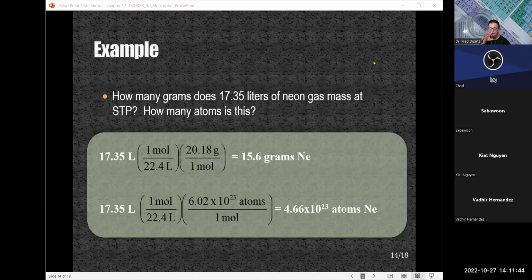So the takeaway from all these calculations we did here was the concept of the mole. The concept of the mole is our intermediate when we want to get from grams of reactant A to reactant B. If I want to get from grams of A to grams of B, I got to go through moles.